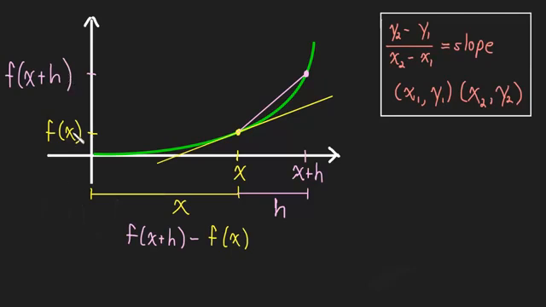It's just y2 minus y1 divided by x2, sorry about that, x plus h minus just x. So again, this is just x2 minus x1. And this is the slope of this secant line here, which we wanted to find because we said it's approximately the slope of the tangent line.